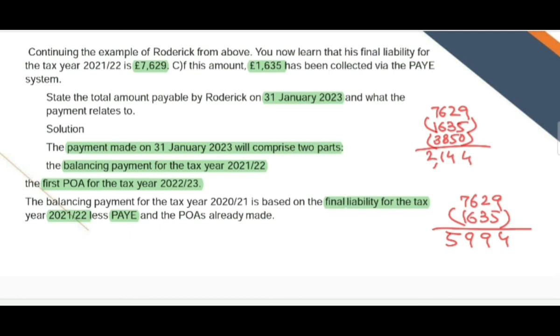So the payment made on 31st January will comprise two amounts: the balancing payment, that is 2,144, and the relevant amount, 5,994, half of which would be the payment on account, and that would be 2,997. The sum of these two figures would be your payment to be made on 31st January 23, and it would be 5,141.